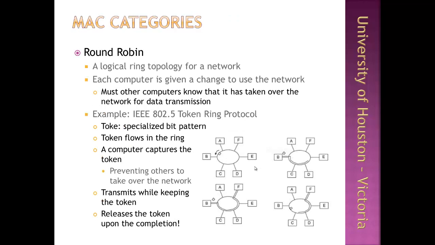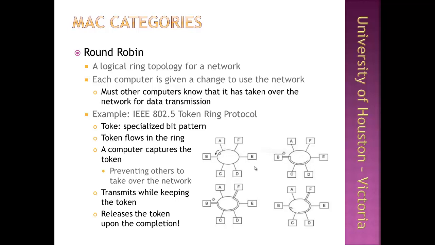Let's talk about the round robin MAC, or medium access control, category. When you have a shared network organized in a logical ring topology and each of the computers or nodes is connected to the ring, you have to give each an opportunity to transmit in a sequential manner, and that is determined by the logical ring structure.